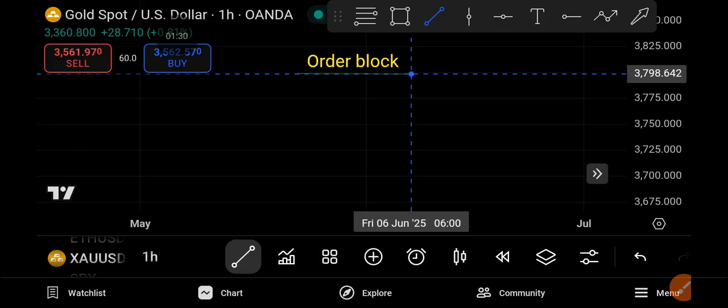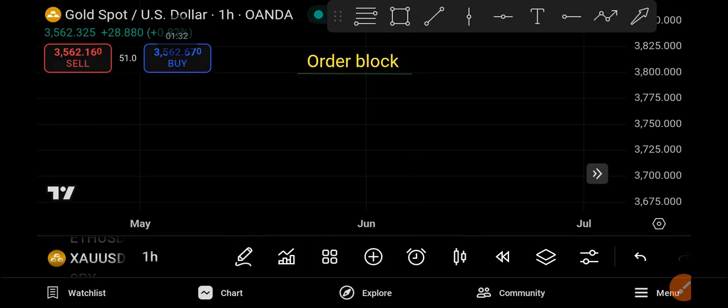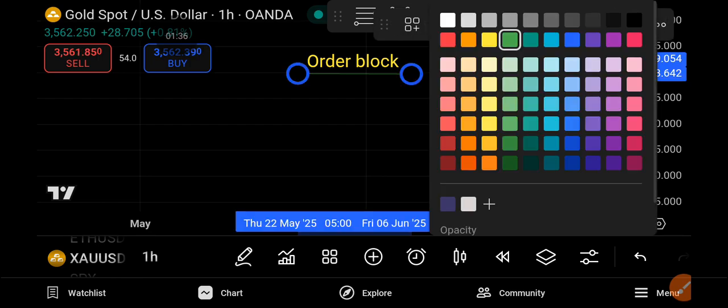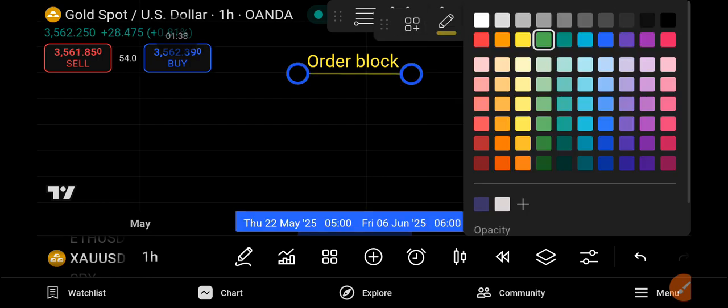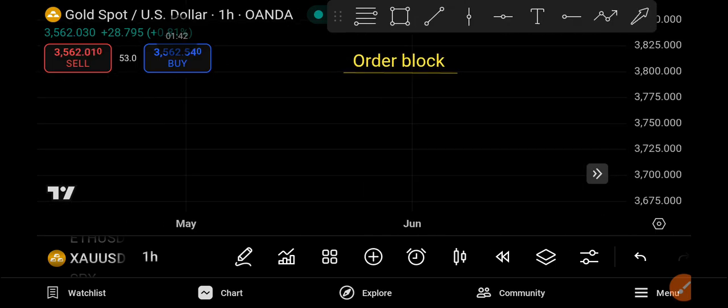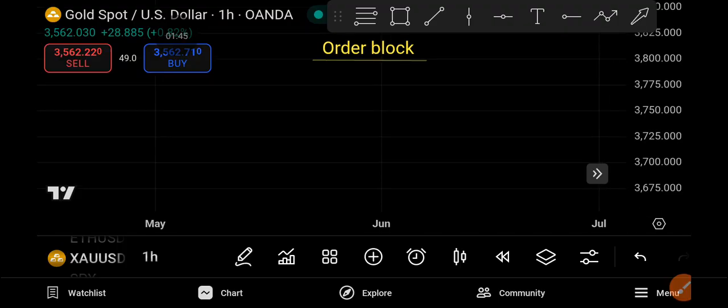They cannot put in much money at once, so they keep on adding more money. So these are the points where the big banks, the central banks, the big boys always add more money into the market.